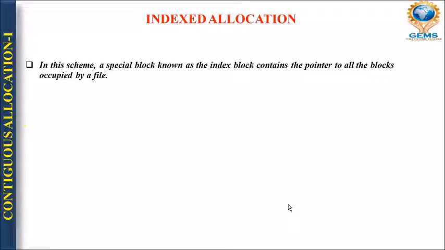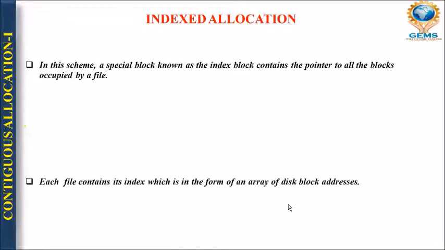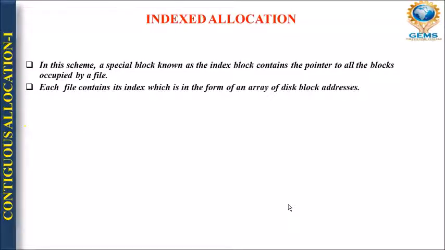Index allocation में क्या होता है? I'm having a special pointer, and it points to every block on which the file is being stored. Each file contains its index in the form of an array of disk block addresses. So every file has its own index, in the form of an array that has the block addresses, meaning pointers. This index basically stores the disk block addresses.